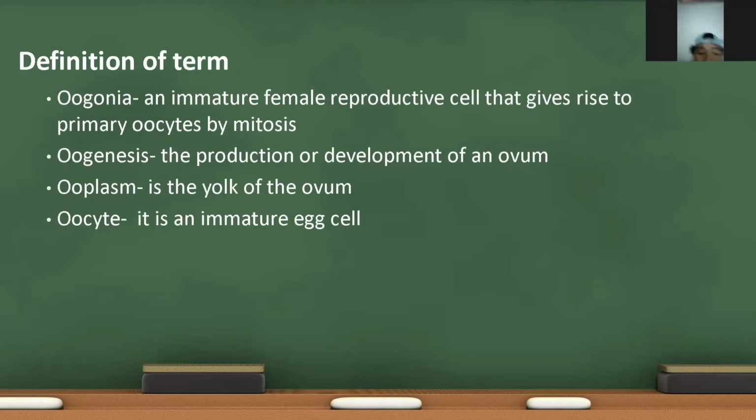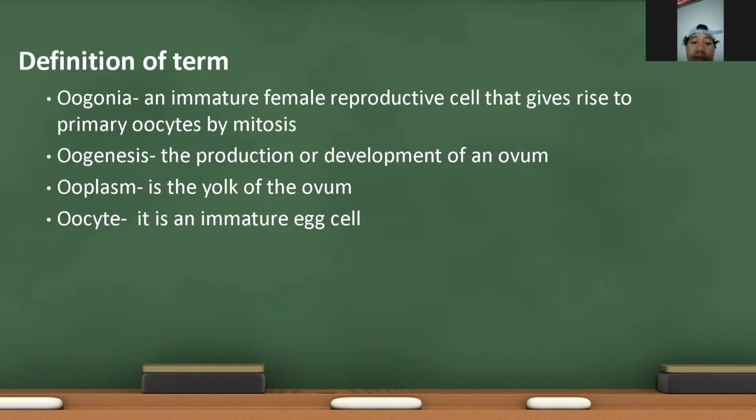So first, bago tayo pumunta sa report ko, kailangan ko muna i-define itong mga term, para at least hindi tayo mawala kung anong ibig sabihin nito. First, oogonia. Ito yung an immature female reproductive cell that gives rise to primary oocyte by mitosis.